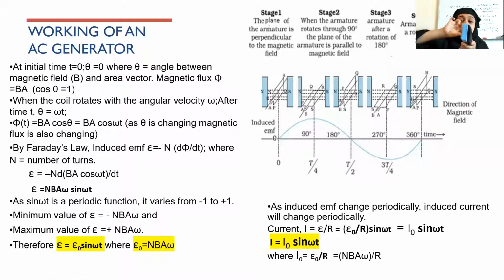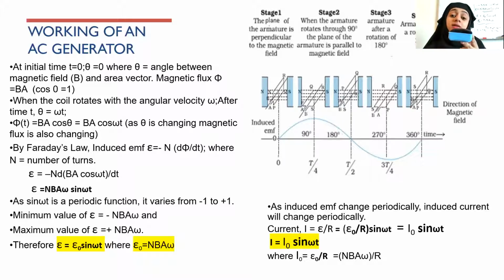Now suppose this coil is rotating through an angle 90 degree. See, it has rotated through an angle 90 degree. Now you can see that the area vector is in this direction while magnetic field is remaining in the same direction, north to south. So what is the angle between the area vector and the magnetic field now? 90 degree.